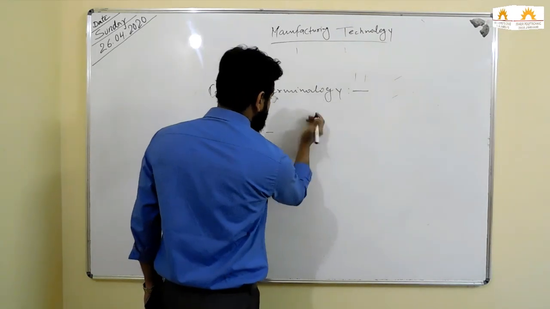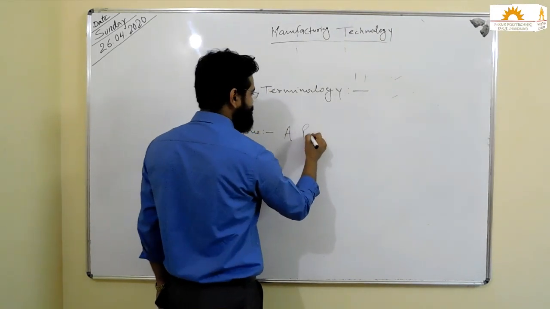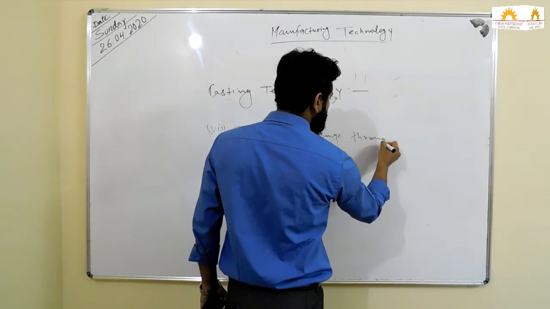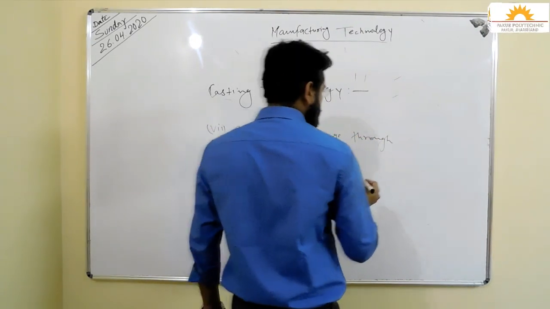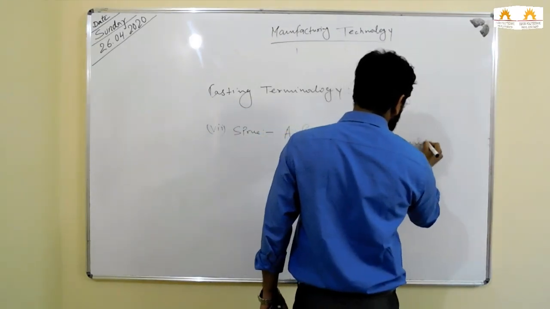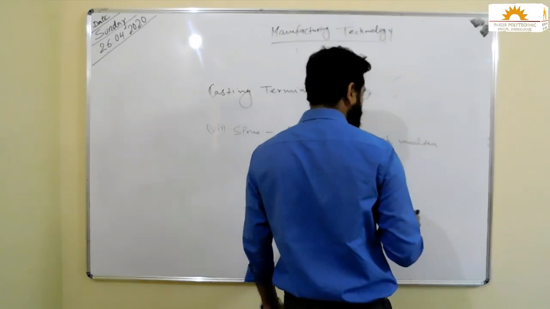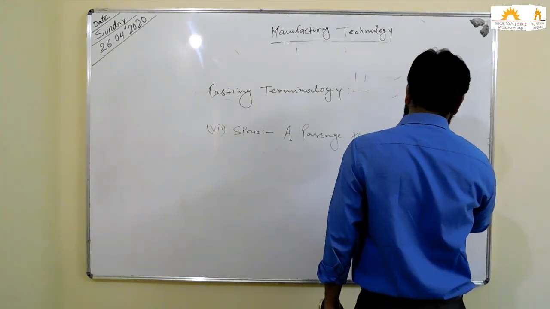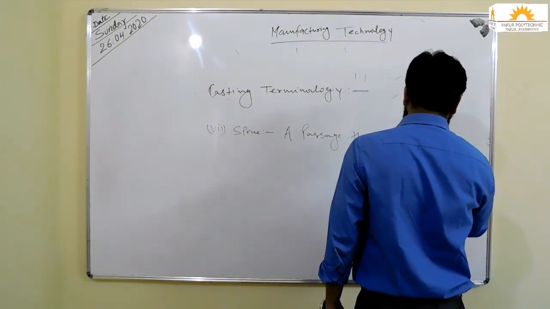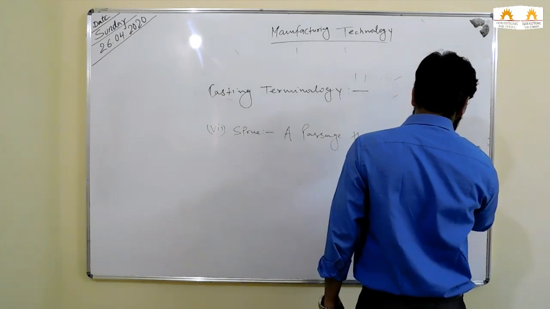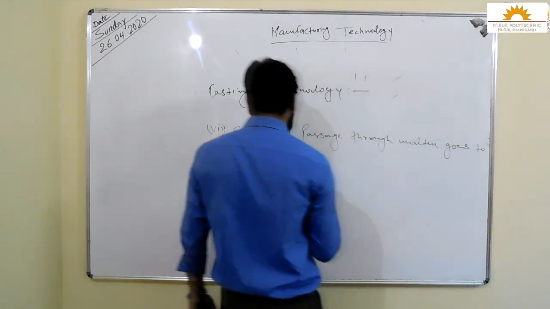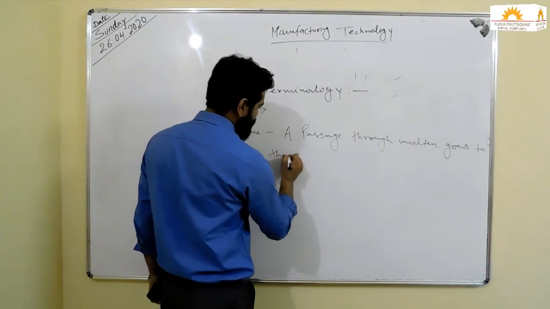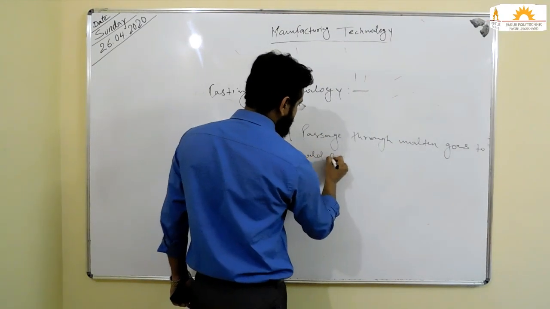A sprue is a passage through which molten metal goes to the mold cavity.